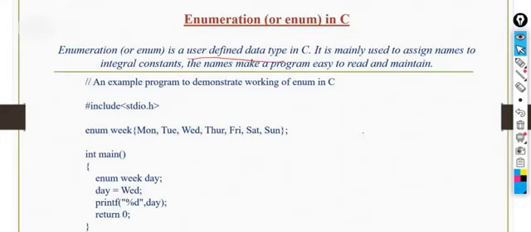There are three types of data types that we have used: primitive or basic data types, then derived data types, and last, user-defined data types. You can also call derived data types non-primitive data types; both are the same thing.